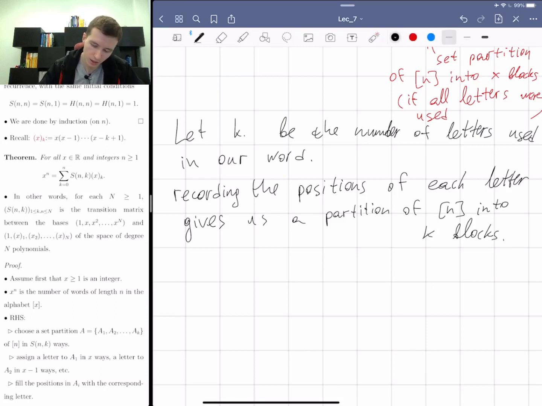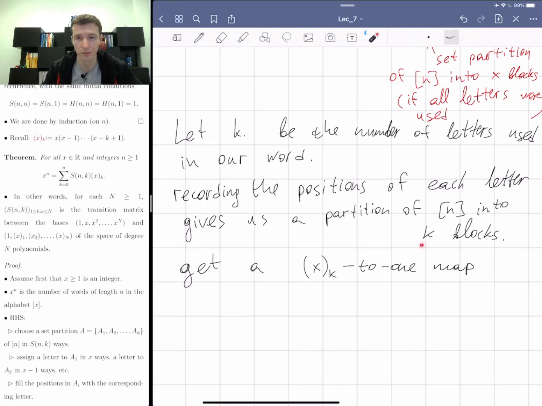Well, the claim is that we get x falling factorial k. You have this falling factorial-to-1 map for each fixed k, because you have to assign different letters to different blocks. There are x options for each block.